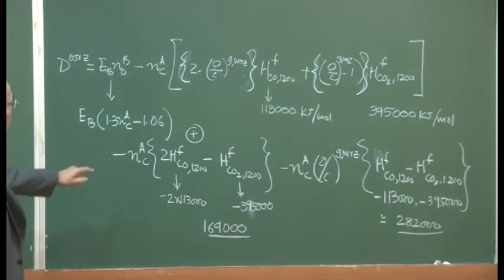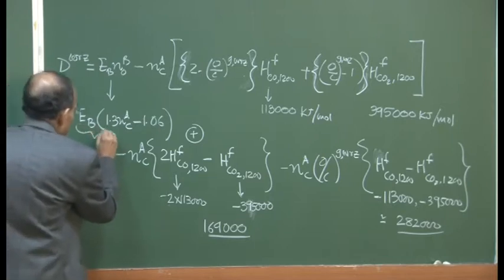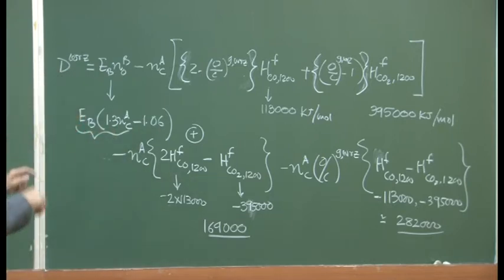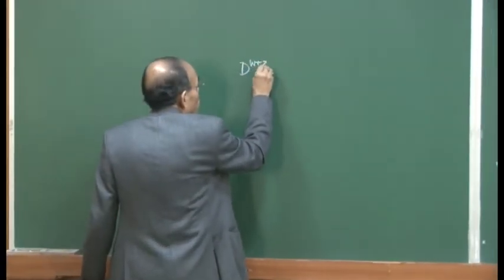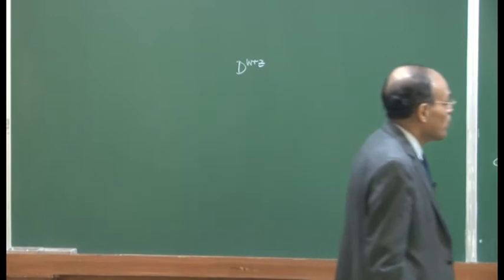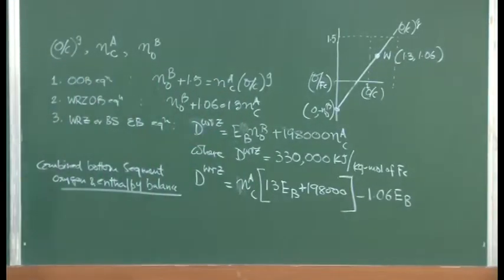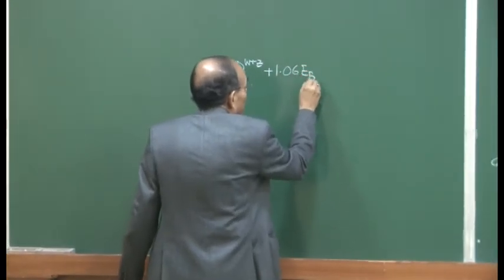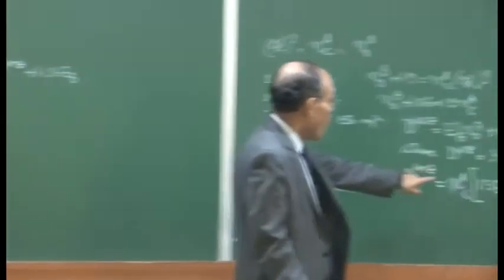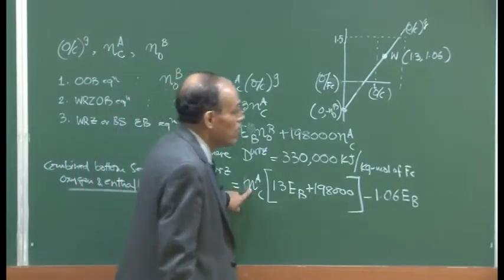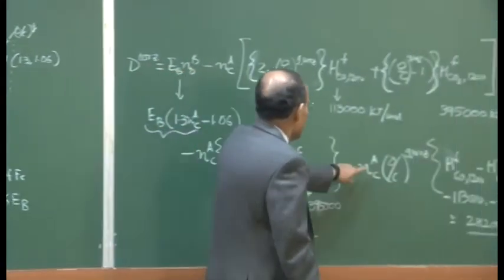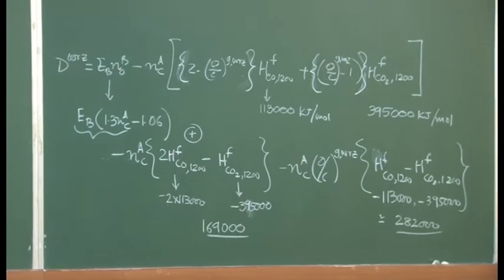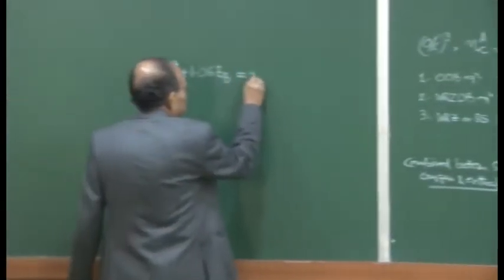So, now there are some terms common with NaC. So, we can restructure this equation and we can write, for example, dWRZ. If you remember, the last term in the combined balance equation is minus 1.06. So, I will bring this 1.06 here. And on this side, therefore, I will have all terms associated with NaC, because this term is also associated with NaC, this term is also associated with NaC, and therefore, what I am going to get here is NaC.